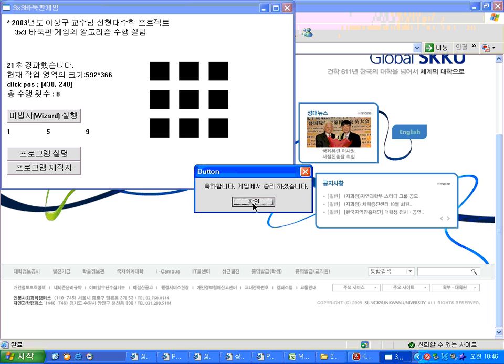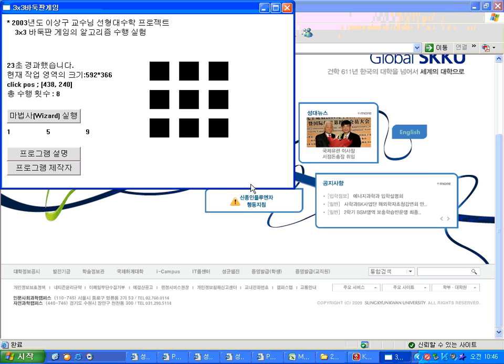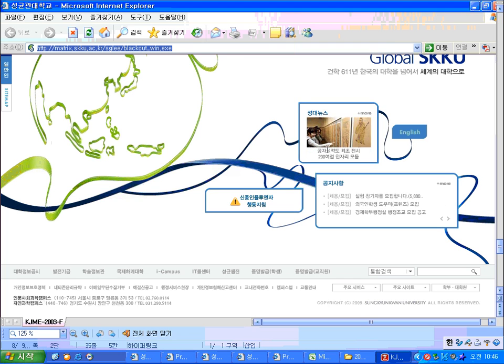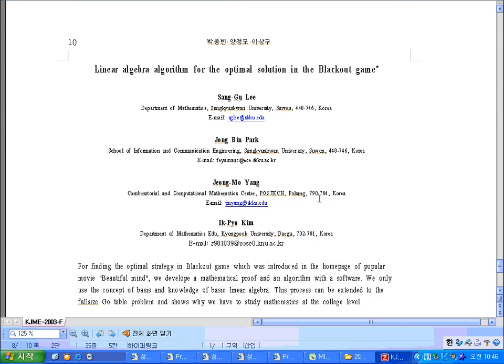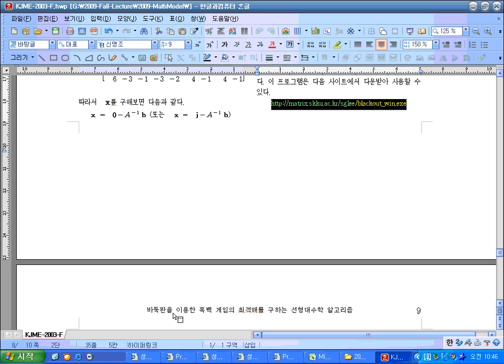So at the first time, it was programmed with C++ programs, and then it started to be generalized. Okay.